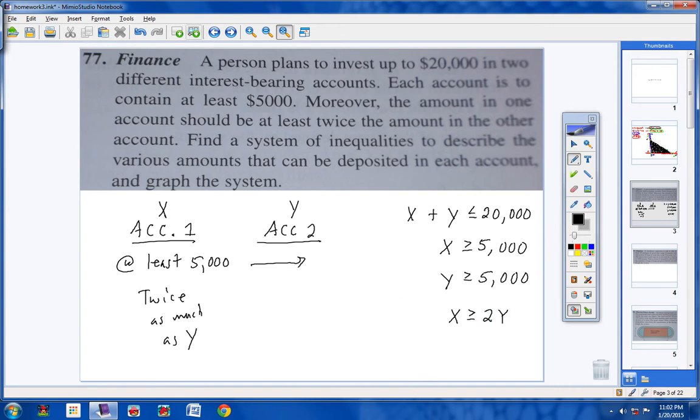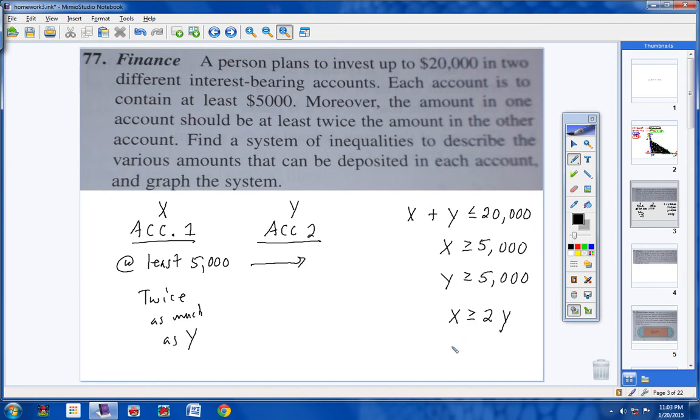That makes total sense. Whatever amount is invested in account Y, multiply it by 2, and X has to be greater than that, because X must have at least twice as much as Y. So X has to be greater than or equal to 2Y.